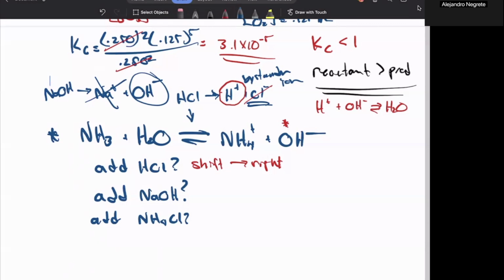But the hydroxide, right? If we're adding more hydroxide, we're increasing this concentration. And by increasing that concentration, in order to relieve the stress, this reaction will shift to the left, right? In order to come back to equilibrium.